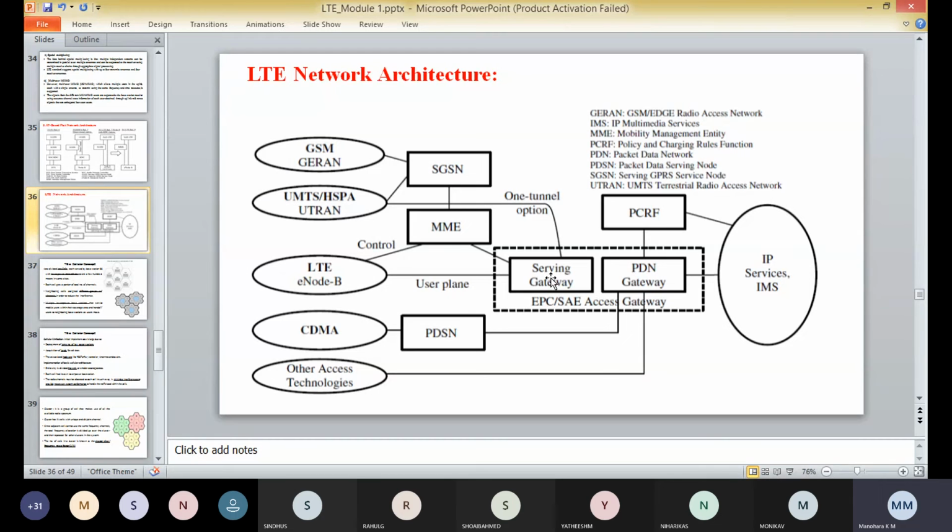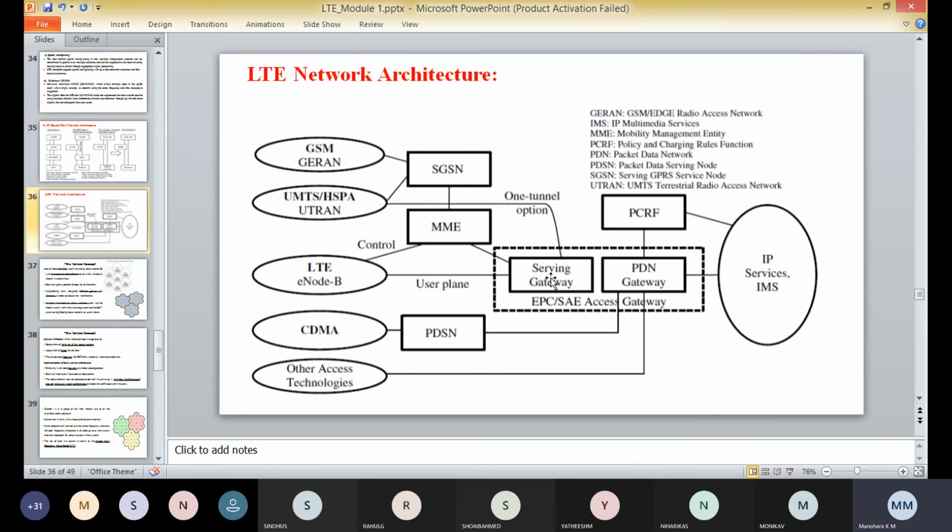It should be noted that the MME manages thousands of eNode B elements, which is one of the key differences from 2G or 3G platforms using RNC and SGSN platforms.